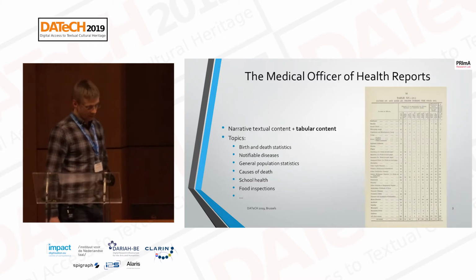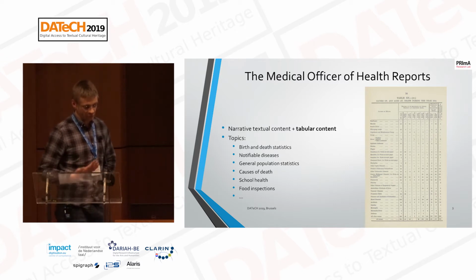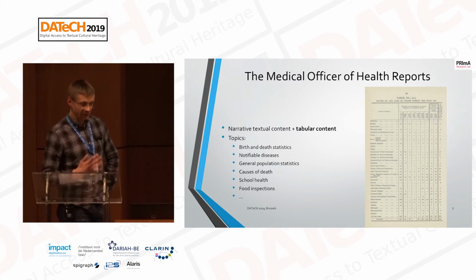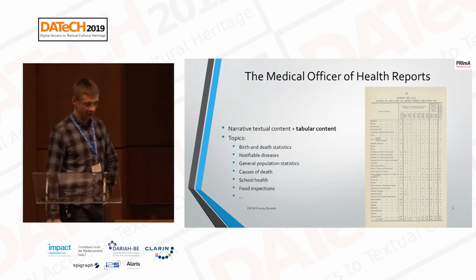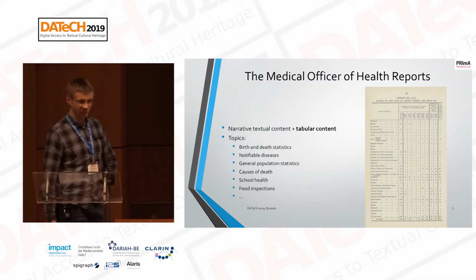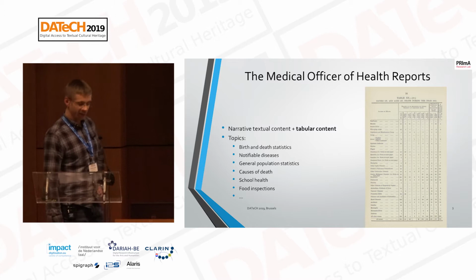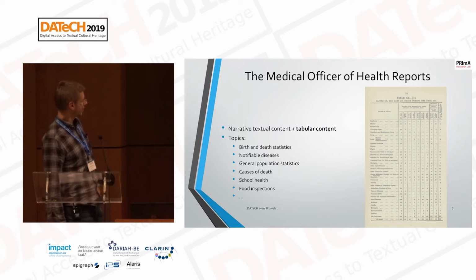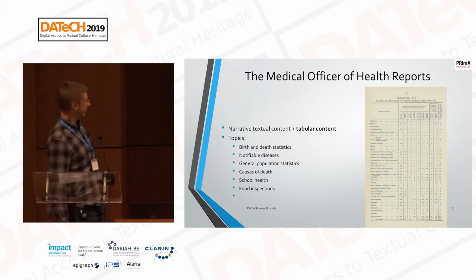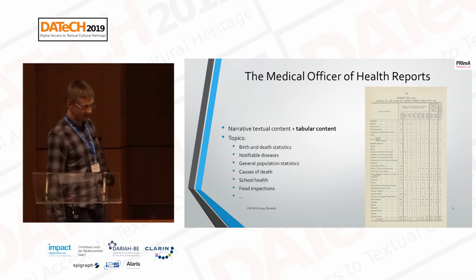In the reports, there's a lot of textual reporting, narrative textual content. But what we are mostly interested in is the tabular content. So it's many hundreds of thousands of tables. In those tables, they deal with topics like birth and death statistics, diseases, population statistics, causes of death.